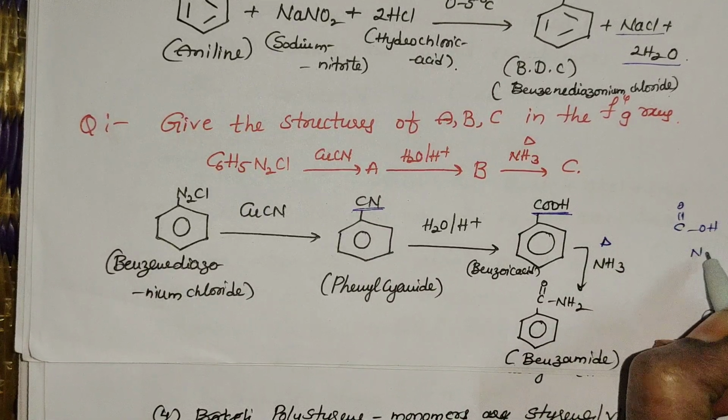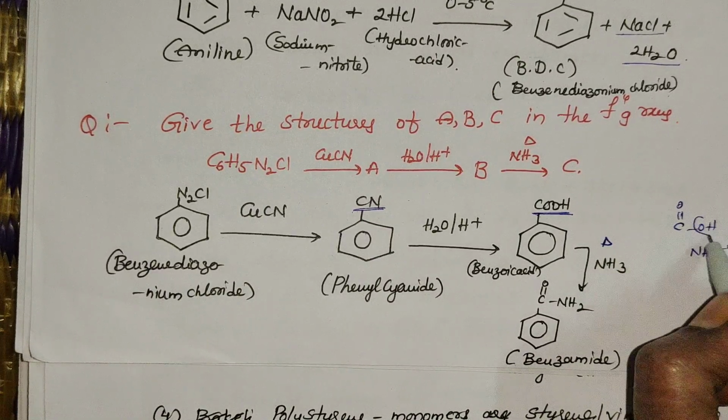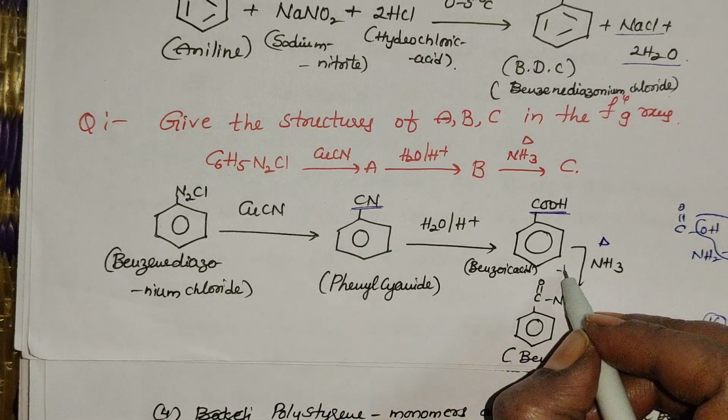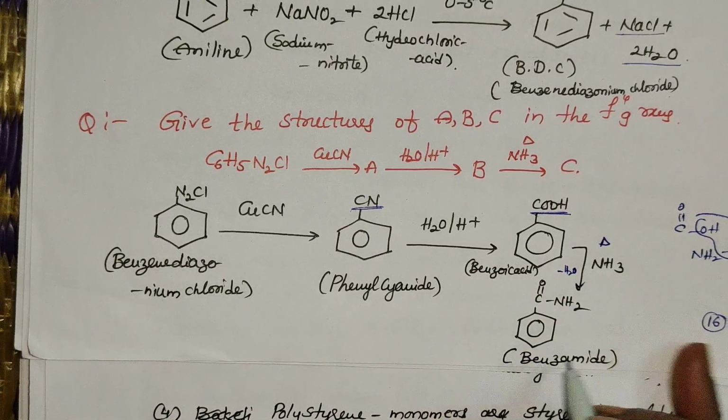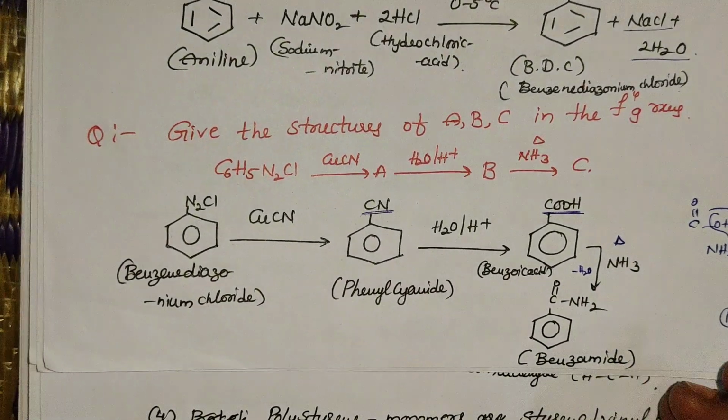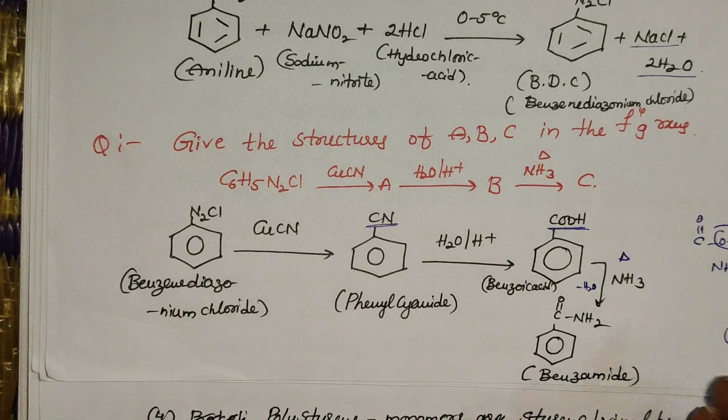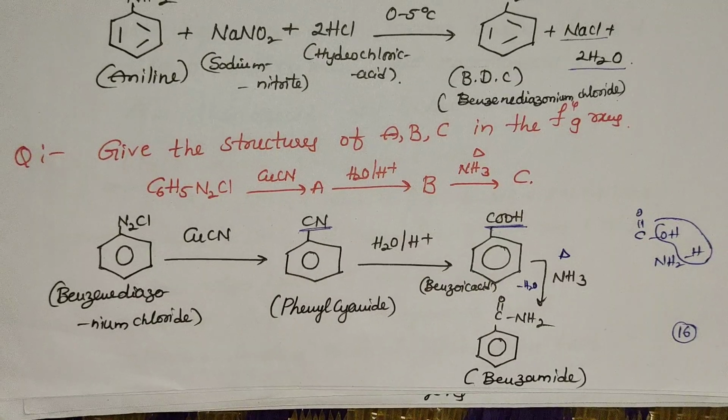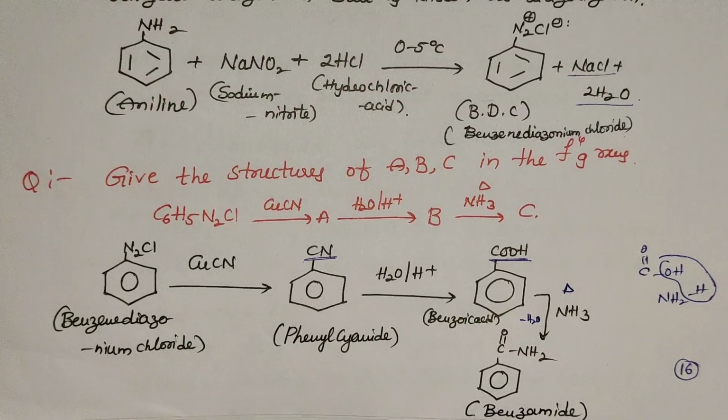Here NH2 and H are there, and in this a water molecule is eliminated by heating. So it is a condensation reaction, and it will form benzamide. This type of conversion they may also ask.